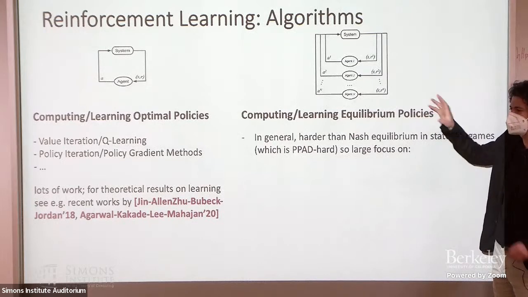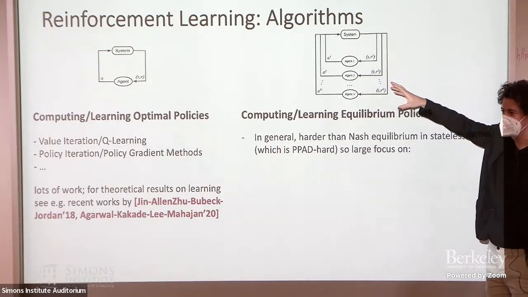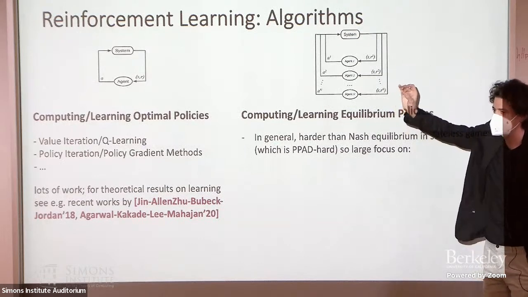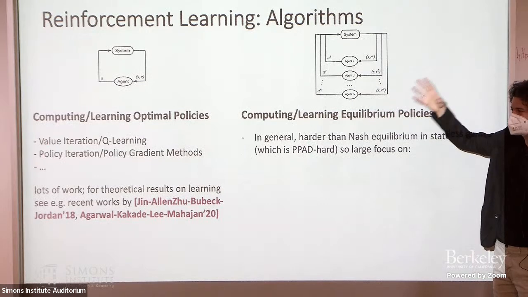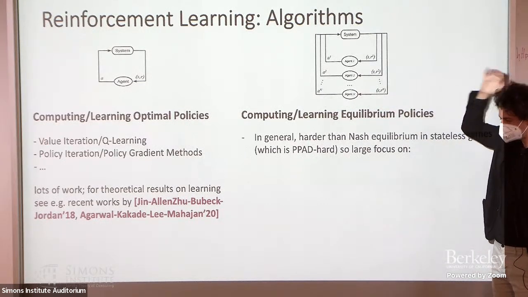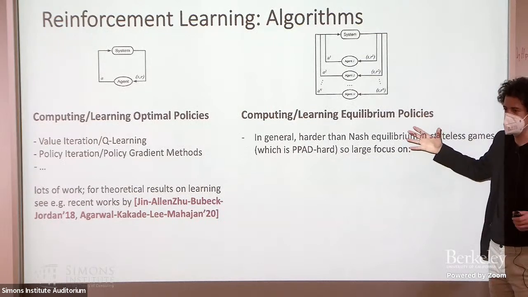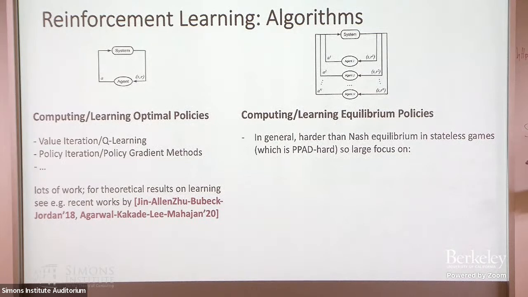So it's not like some magic box will solve Nash equilibria for me here. Even if you have a single state, you have enough expressivity to express any normal form game. So the problem is intractable in general. So you have to focus on special cases or special targets if you want it to be tractable.